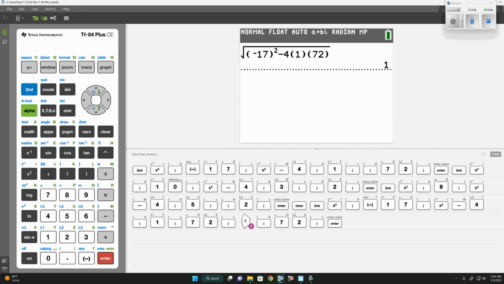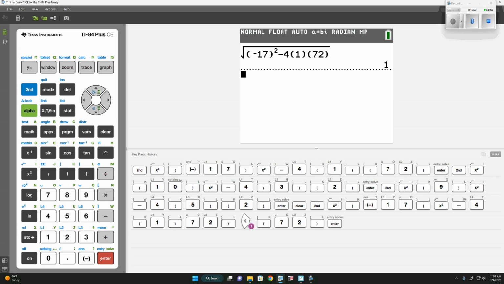If the calculator gives us an integer, a number without a decimal, or a nice decimal, because if it worked out to be 12.5, that's a nice number. If it gave us 6.782942 and keeps going on, it doesn't factor. Here, it gave us a nice integer number, so it does factor.